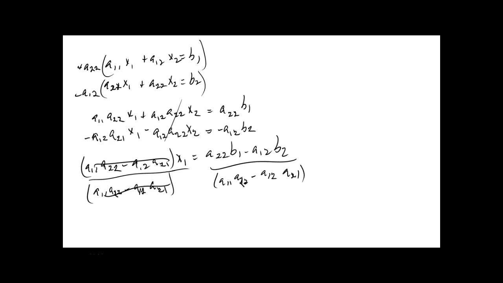Over a11 a22 minus a21 a12. They write them in the reverse order I do, but it doesn't really matter.